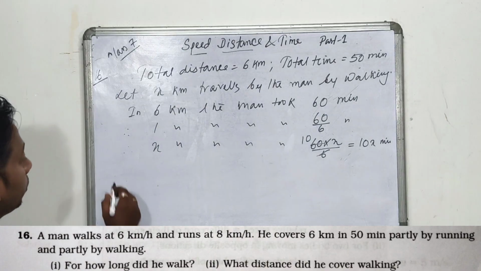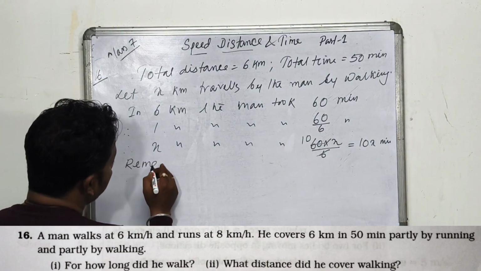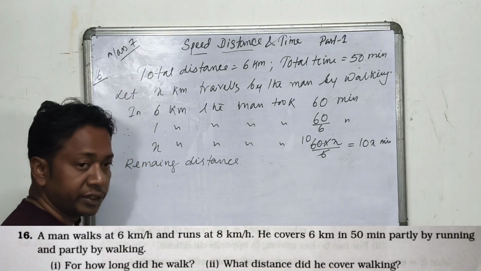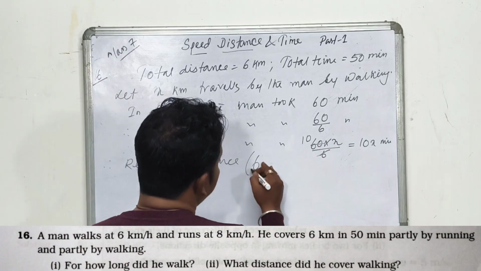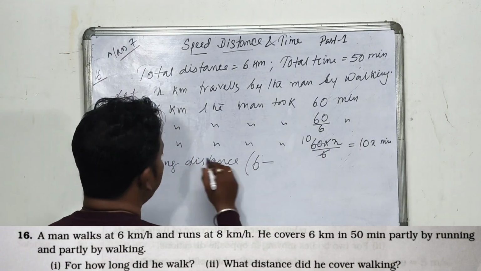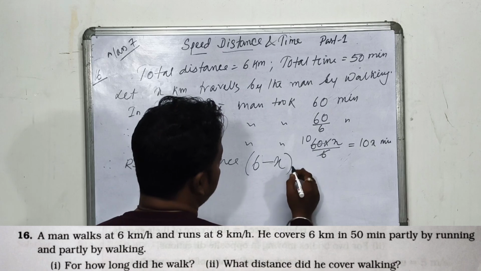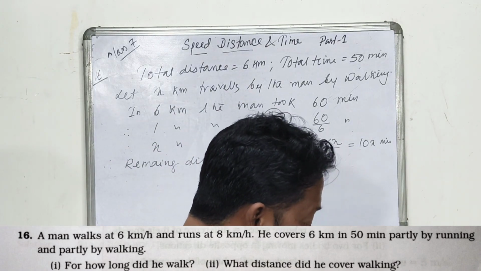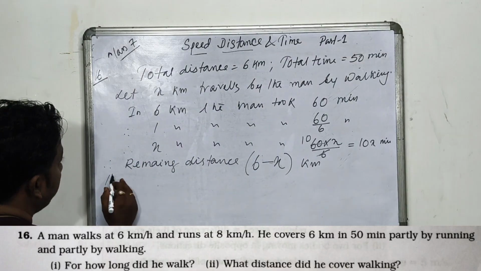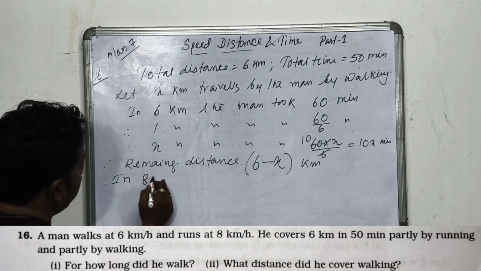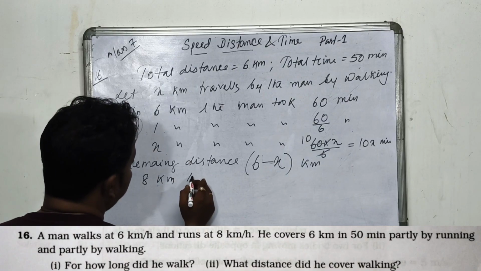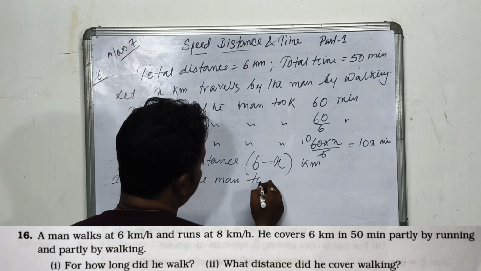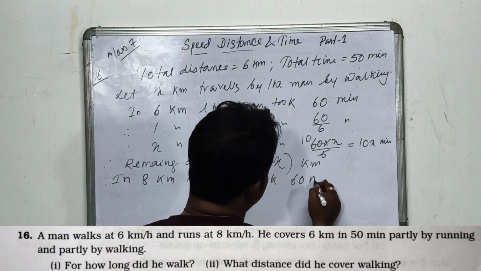Okay, therefore the remaining distance the man runs, that is total distance 6 and already covered by walking x, that is 6 minus x kilometer. Again, the running speed was 8 kilometer per hour. Therefore, in 8 kilometer the man took 60 minutes.